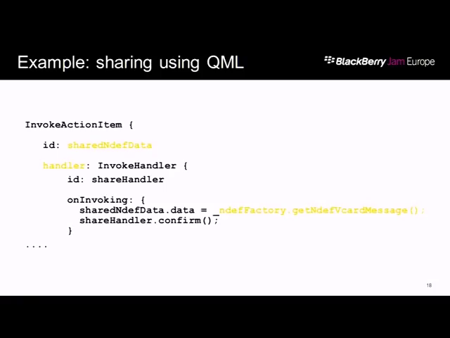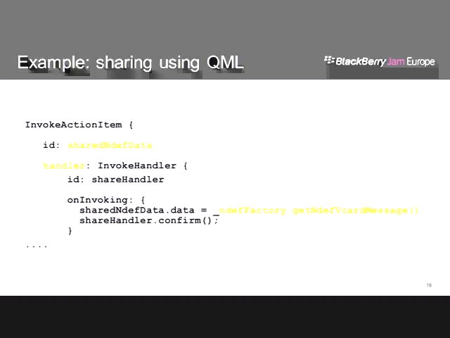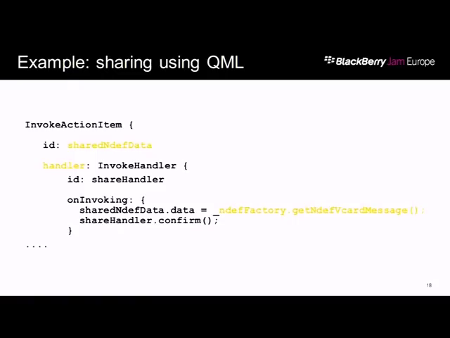And what happens is that after I press the share, this will get triggered. And this is the point at which I've got to construct the NDEF data that I want to transfer to the helper application that's going to transfer it over NFC for me. So this is what I do here.